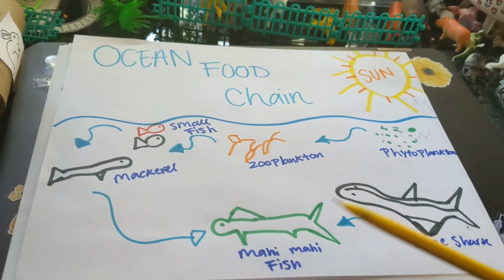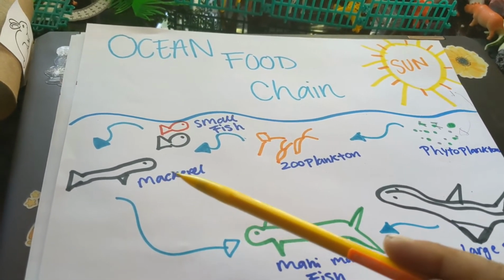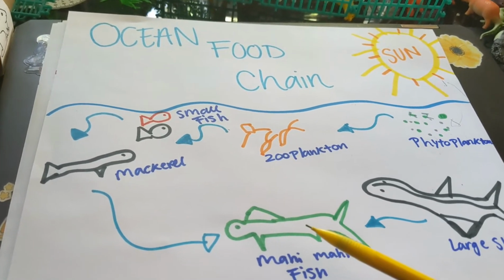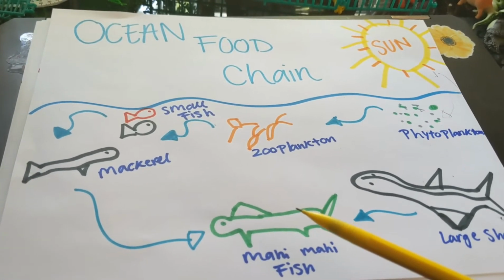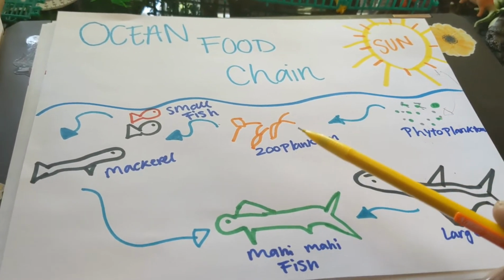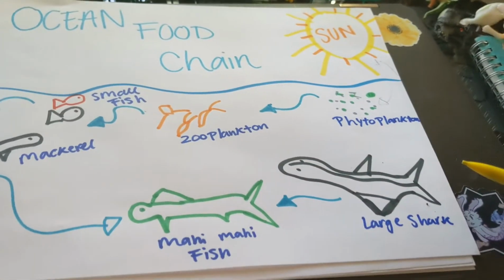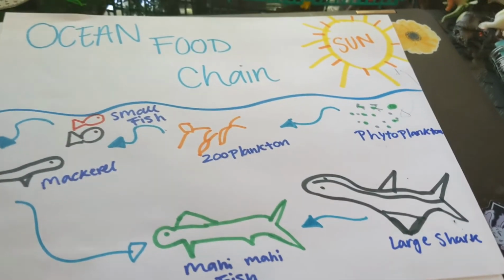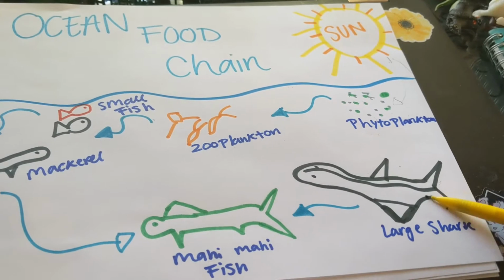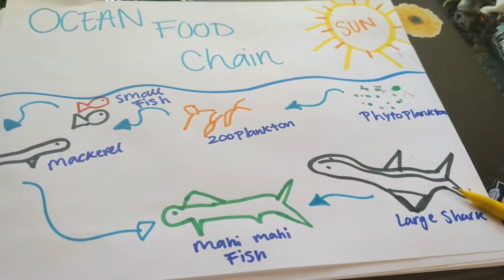And then the mahi-mahi fish comes and eats the mackerel. The mahi-mahi will have a little bit of energy, not that much, since it's already had to pass 1, 2, 3, 4. So then here comes the shark, and the shark will have even less energy.